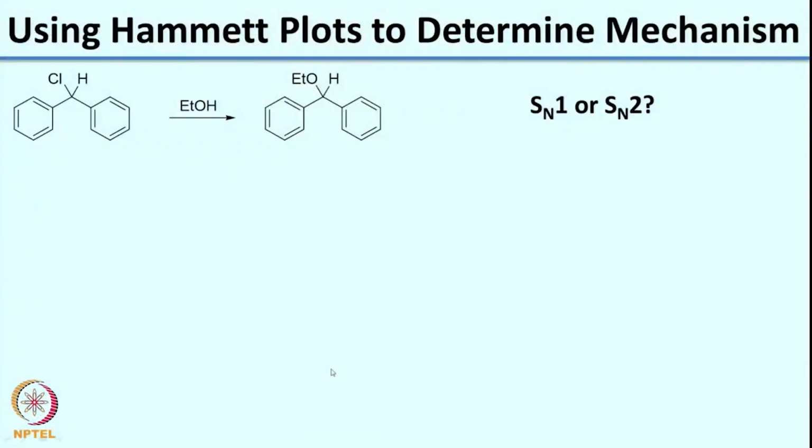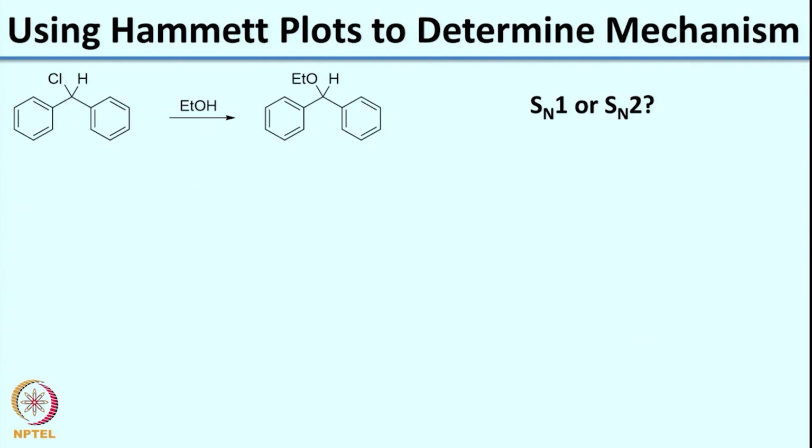So, now that we have looked at this example, let us see how you can use the Hammett plot to actually determine the mechanism. So, when you have a reaction like this, it is somewhere in between the two extreme cases that we saw in the earlier slide.